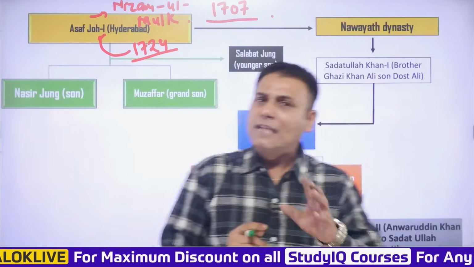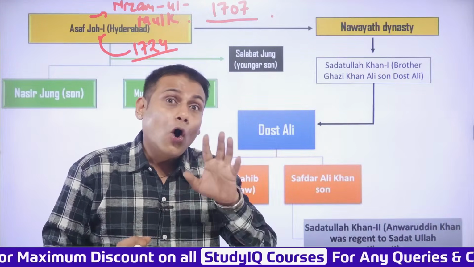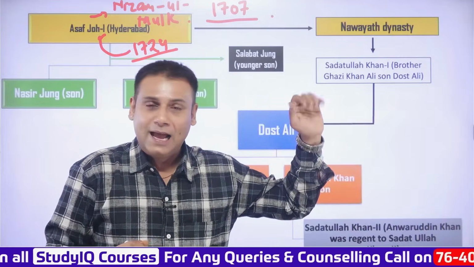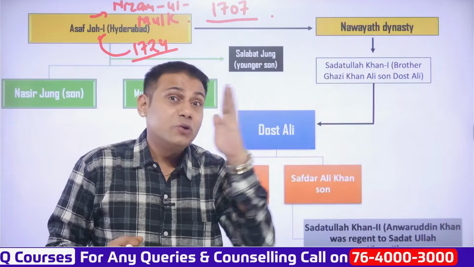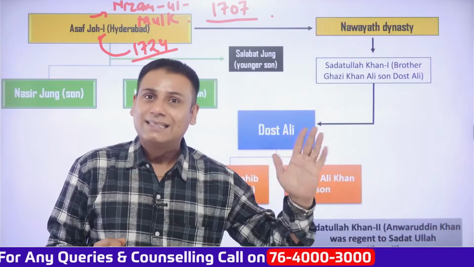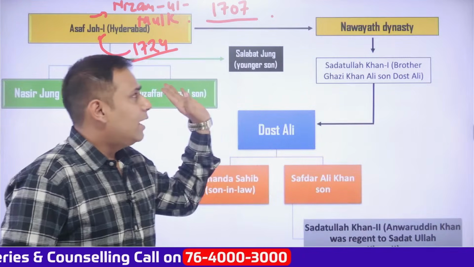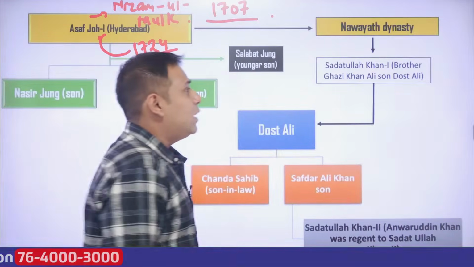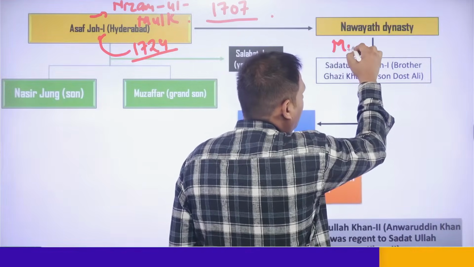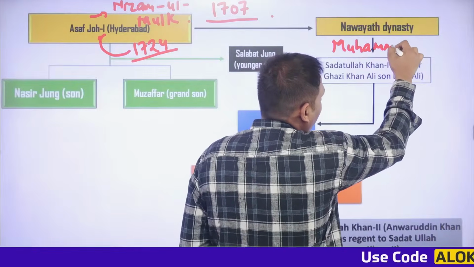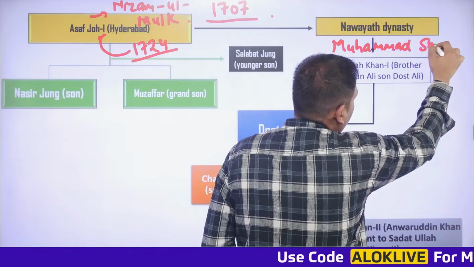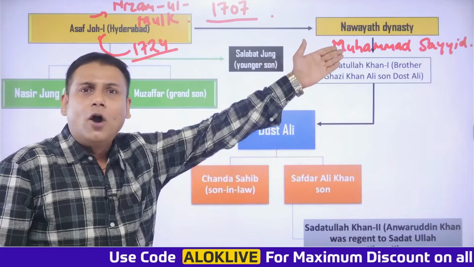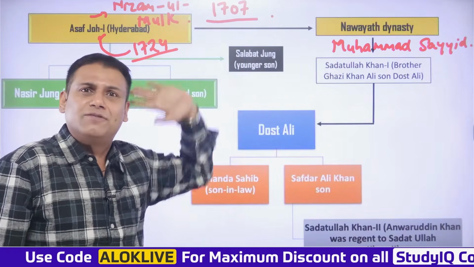He assumed the title Nizam ul Mulk. As I have told you, the region of Hyderabad also had an influence over the region of Carnatic. As we had seen, the region of Carnatic is located between the Bay of Bengal and the Eastern Ghats. The region of Carnatic was governed by one of the deputy governors of Asaf Jah, whose name was Muhammad Sayyid. Please understand this. He was a very loyal deputy governor to Asaf Jah.